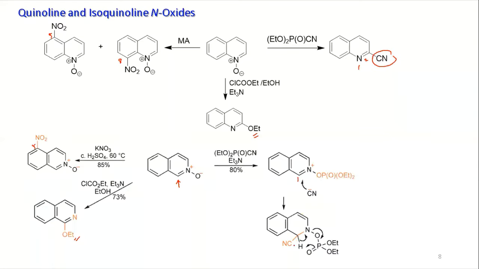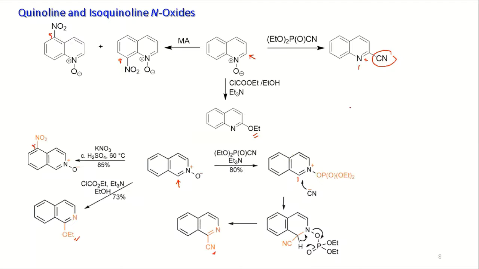So you have cyano group installation at the 1 position. Then you have removal of the oxygen. That is the general mechanism. In isoquinoline, the cyano incorporation is at the 1 position; in quinoline, it is at the 2 position. The same mechanism. Got it? So these are the different N-oxide reactions for quinoline and isoquinoline.